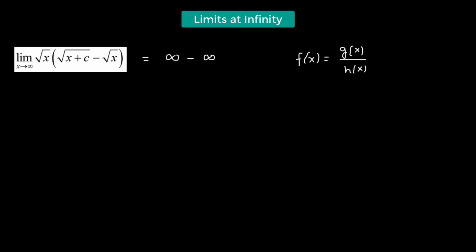We are going to do it by rationalizing the term in the numerator, which is root of x plus c minus the square root of x. So let's do that. In order to do that, we are going to multiply the numerator by the conjugate of root of x plus c minus root x.